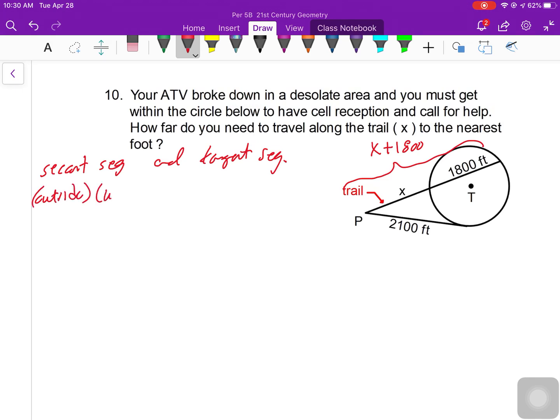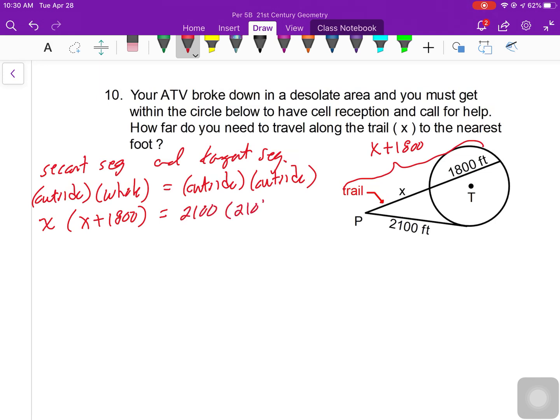So we'll take the outside part times the whole length for that secant segment, and we'll take the outside part times the outside part for the tangent segment. X is on the outside, and then x plus 1800 is what we found for the whole length.